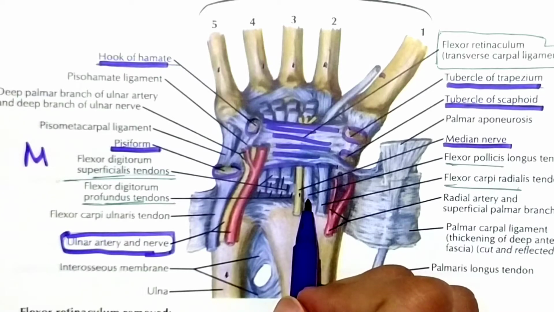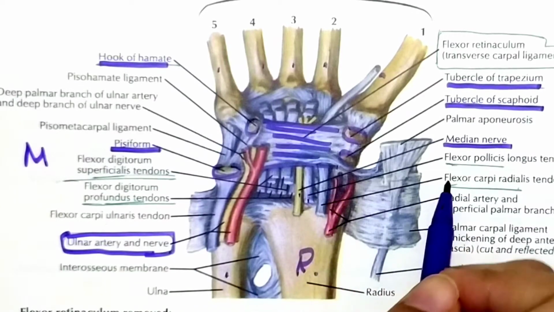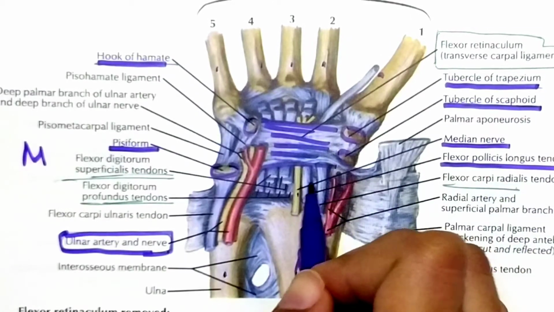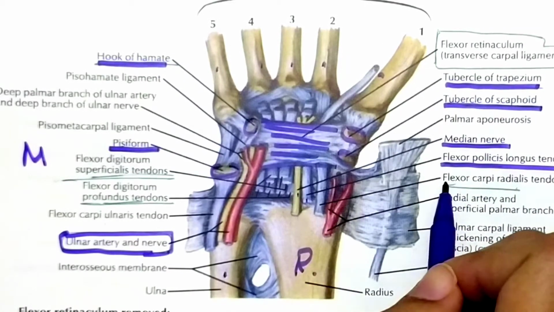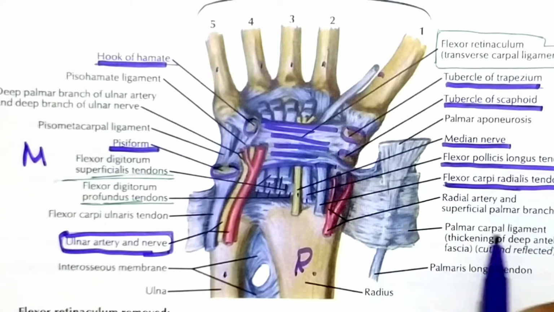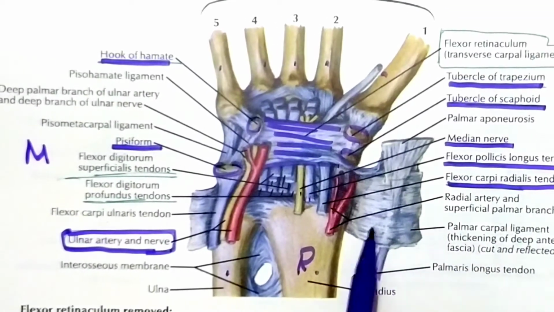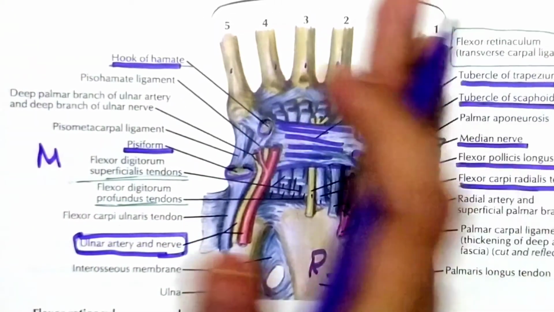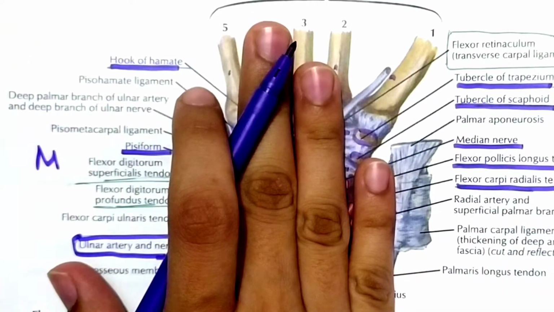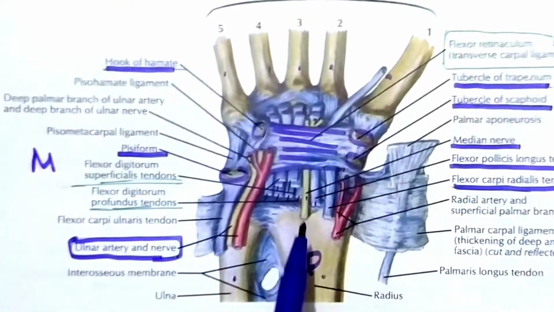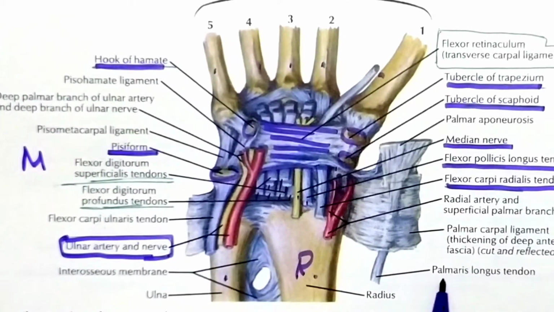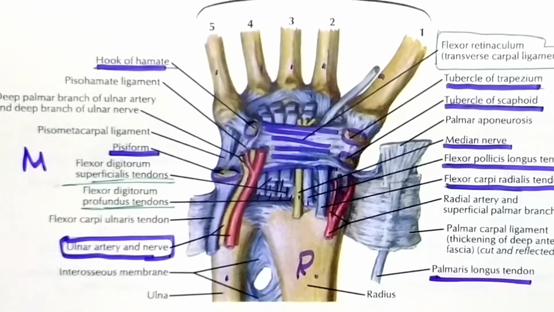And lateral to the median nerve there is flexor pollicis longus, which is in the radial bursa. Then lateral to this muscle there is flexor carpi radialis, which is in a deep slip, okay? And this is the palmaris longus. This is opened up like this, and the palmaris longus tendon passes straight from this region, okay?